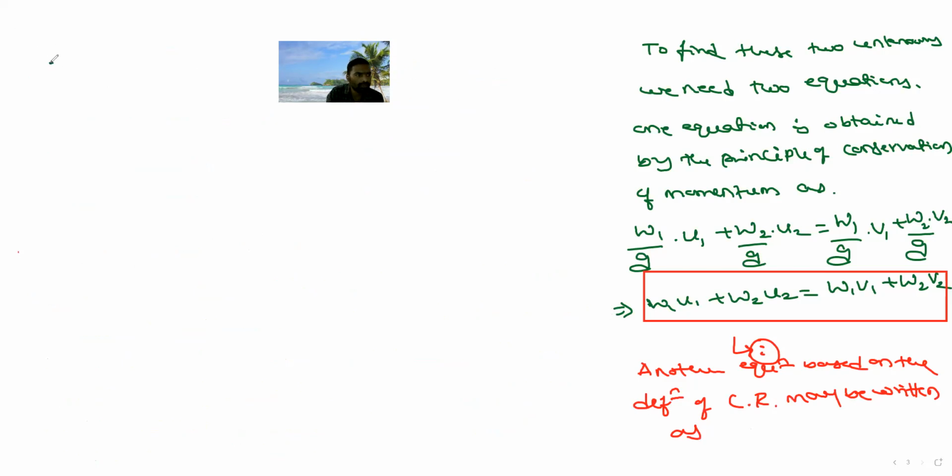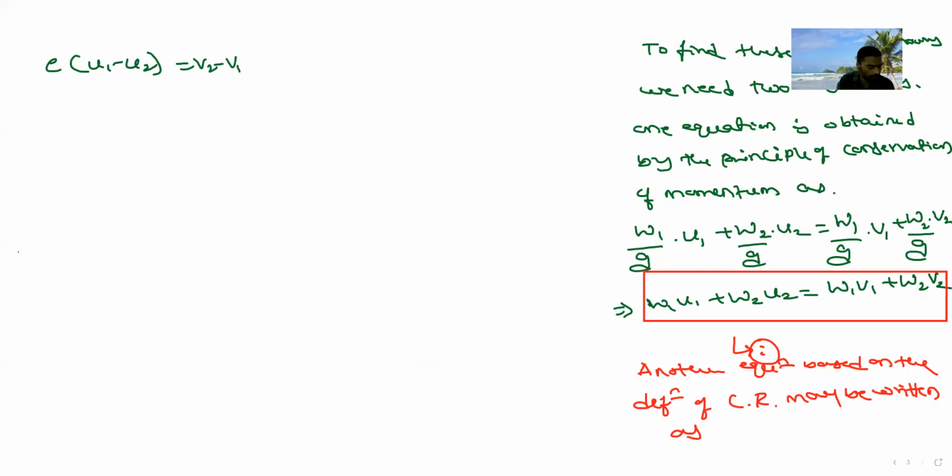What is the value of E? E is equal to (V2 minus V1) divided by (U1 minus U2). So can I write this as E into (U1 minus U2) is equal to V2 minus V1? Is it okay? Yes, this is equation number 2.